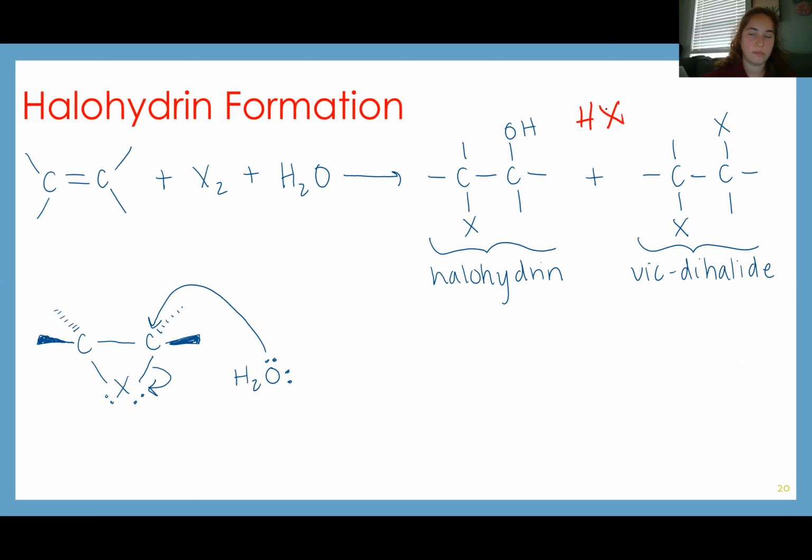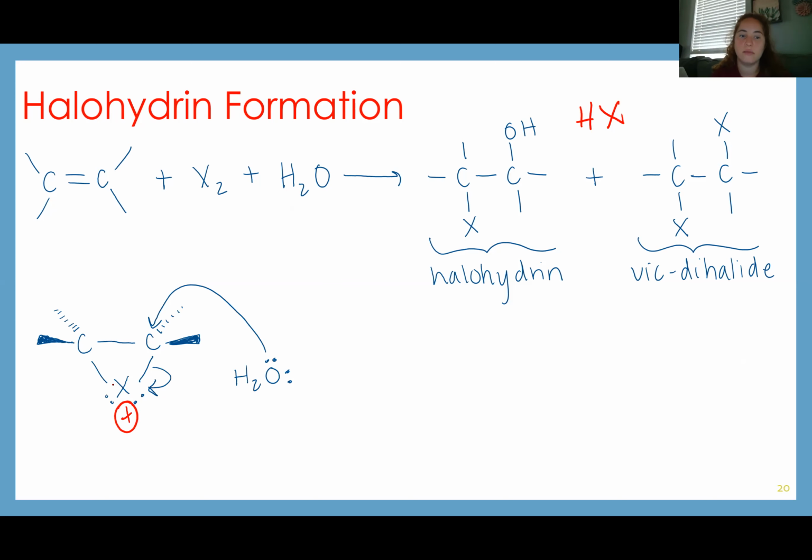And the mechanism here is that you end up with your, whoops, got a positive charge. You end up with your bridging halogen ion, and then the water is going to attack, and you would have to deprotonate the water just like you did with the hydration mechanism. But you end up with alcohol on one carbon, halogen on the other.